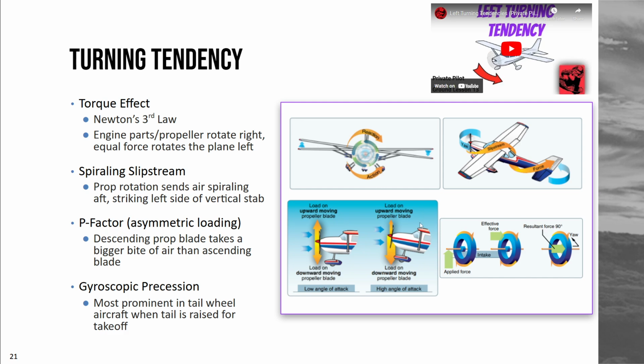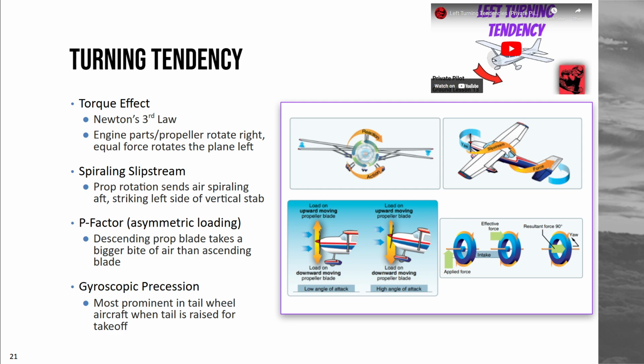So that's why it's more exaggerated the higher the angle of attack. If this nose is pitched up more, then that right blade is slicing more into the direct oncoming relative wind. So that is P factor, also known as asymmetric loading.